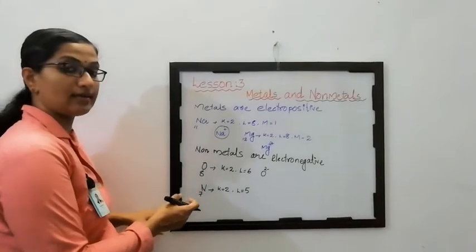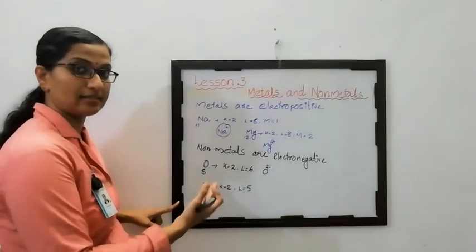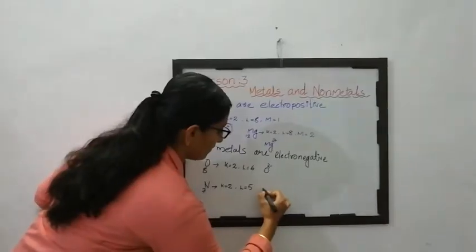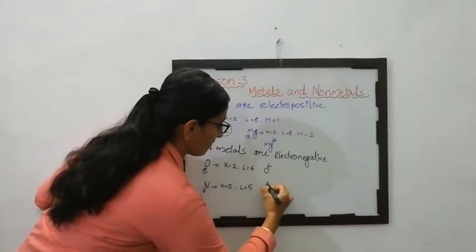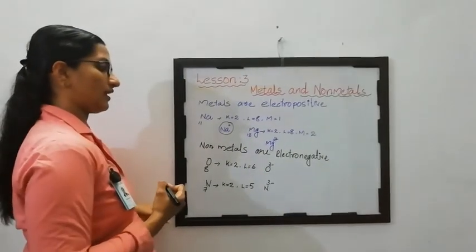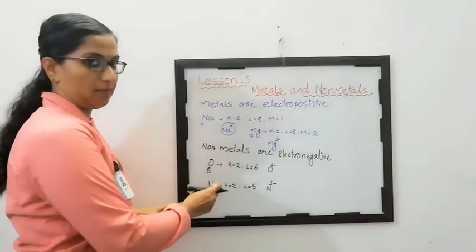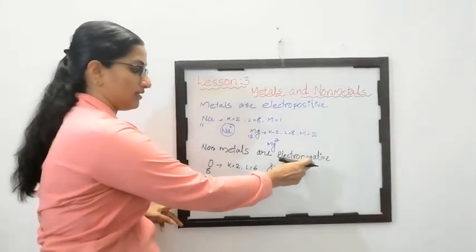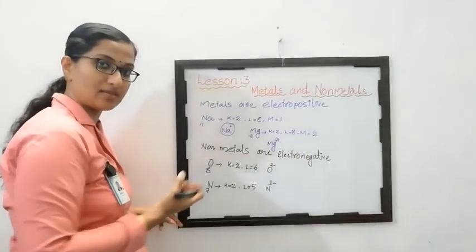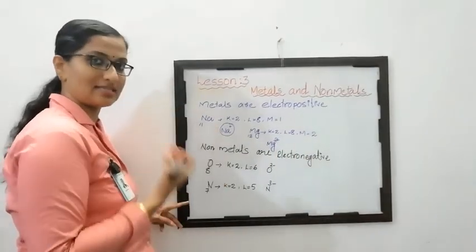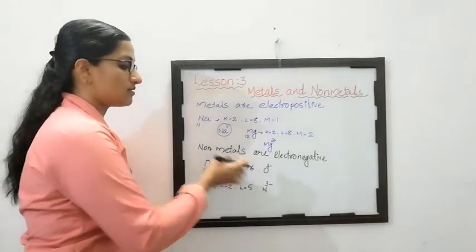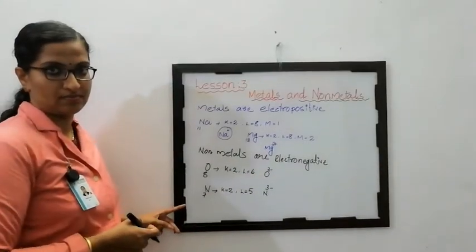So nitrogen will take 3 electrons from other metals. So N 3 minus is the negative charge. As a result, every non-metal is electronegative. They are ready to accept electrons. Once they accept electrons, they will get a negative charge.